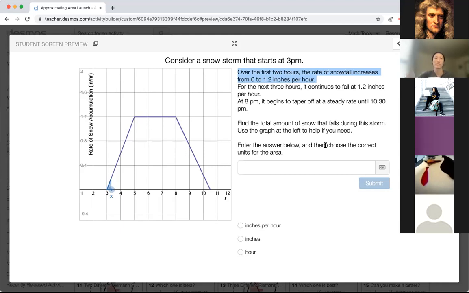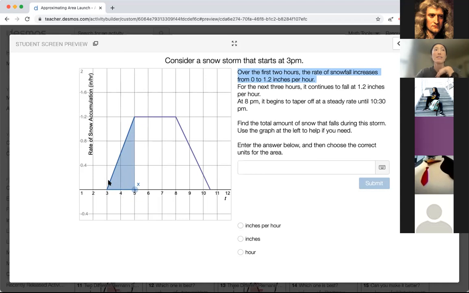What do we know about that snow? The first 2 hours, there's like nothing happening. Okay. And from 3 to 5 hours, do you think the snow gets heavier or it stays the same? Good, good. Yeah. And so in this case, the line goes up like that.